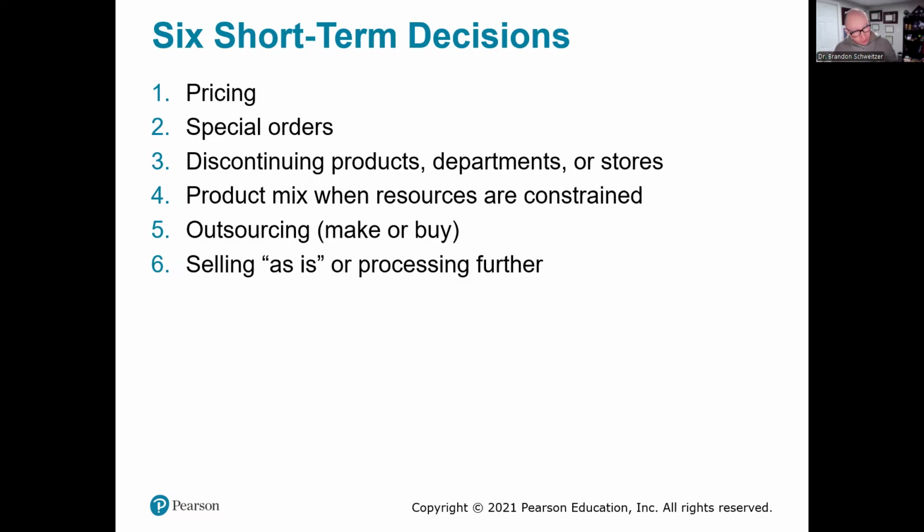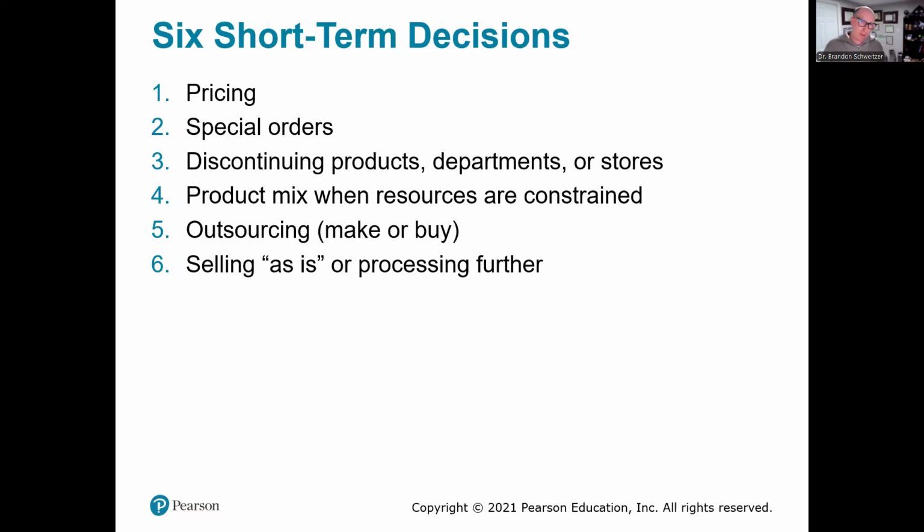So if you can only do 100% capacity, you might make a certain percentage of treadmills, a certain percentage of rowing machines, and a certain percentage of the ellipticals. And so how do we decide how much of each unit to make? It depends on our available resources. And so we might need to shift our capacity around.